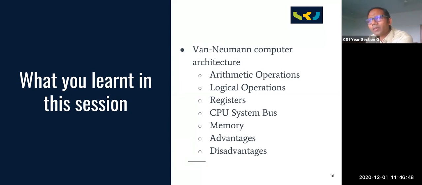Program counter holds the address of the next instruction. Current instruction register holds the current instruction being executed, and the accumulator holds the intermediate results acquired during execution of an instruction. Apart from these, we have integer registers R0 to R31 if it is a 32-bit computer.